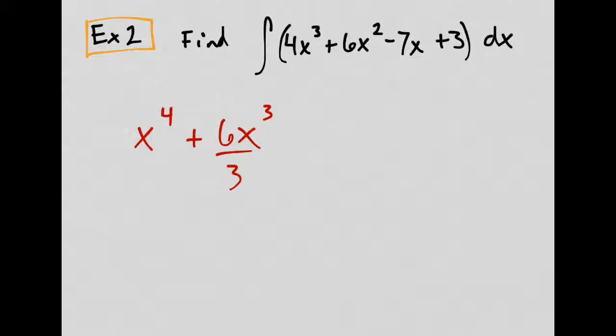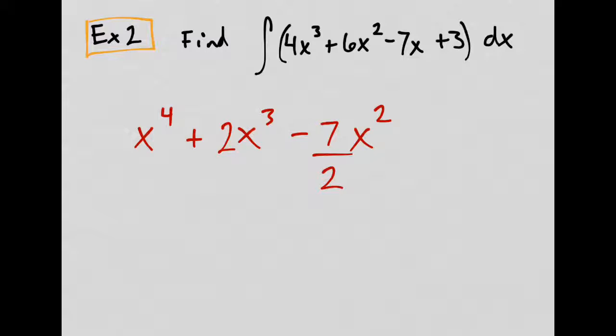I put the 3 underneath. I keep that coefficient. However, this reduces to 2. To 2 minus, I keep the coefficient. This is an exponent of 1, so I add 1, that's squared, and I put it over 2. This doesn't simplify, so I leave it like that.